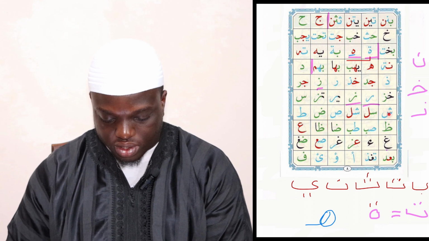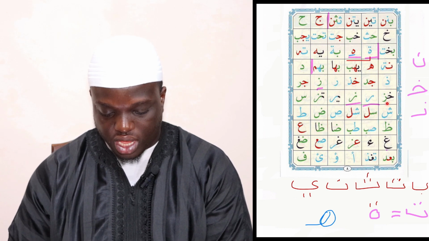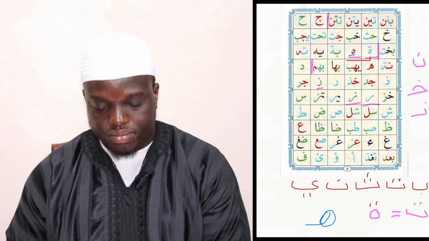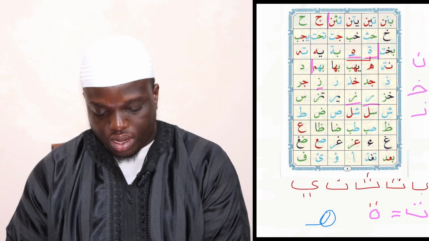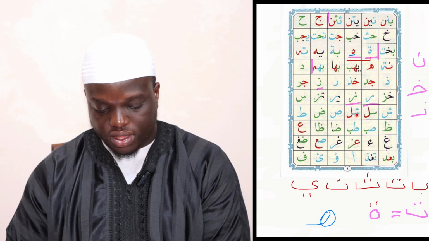So the seen has no dots, and sheen has 3 dots. So seen, what letter is this? Lam. So seen, lam. What letter is this? We see the teeth. I see your teeth.